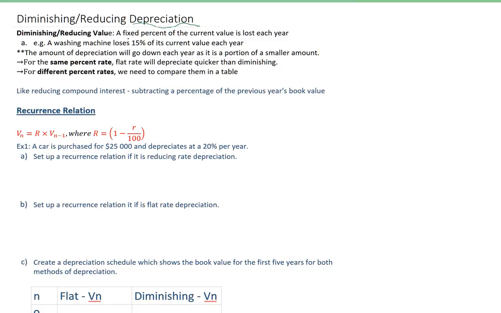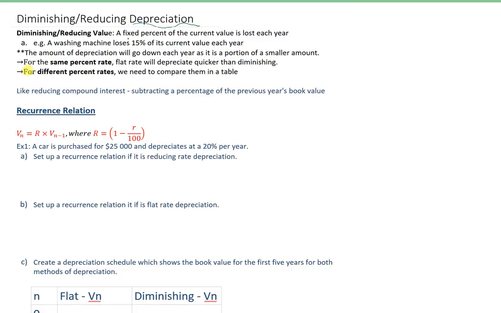Okay, so suppose the first year we have $3,000 and then we lose a third of that, so it goes down to 2. Now a third of 2,000 is less than a third of 3,000. So we're actually going to be decreasing by a smaller and smaller amount each year because the thing we're taking a portion of is getting smaller and smaller. Hence the name, diminishing or reducing depreciation, because the amount of depreciation does go down each year.